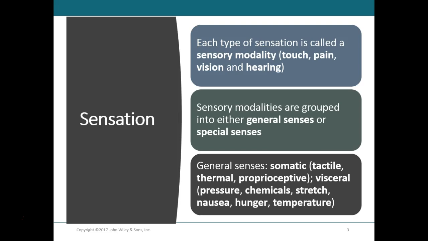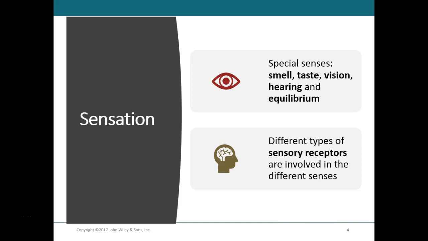So these include the touch and pressure sensations we call tactile: touch, pressure, vibration, tickle, itch, thermal sensations, warm and cold, painful sensations, and proprioceptive sensations. Remember, proprioceptive sensations are those that allow us to know the position of our body, the movement of the limbs and the head. Your visceral senses are going to provide information about the internal organs: pressure, stretch, chemicals, hunger, nausea, temperature.